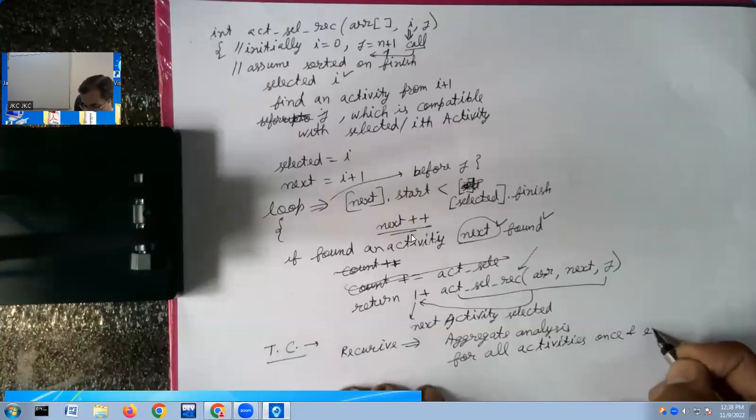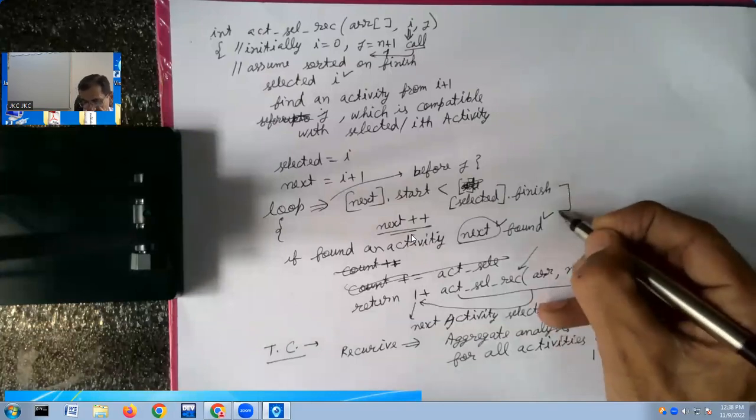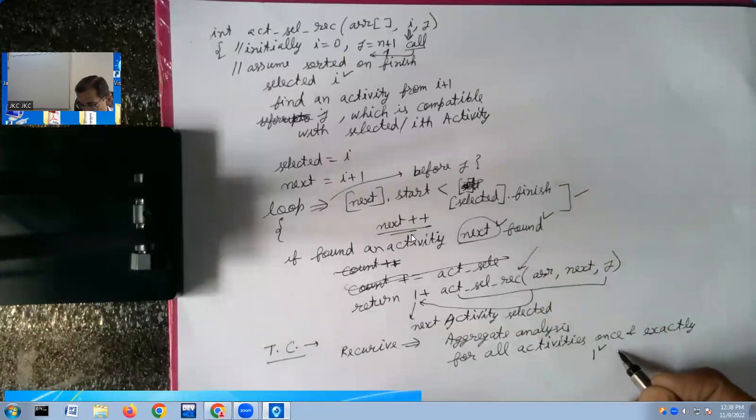Every activity will be checked starting from 1 onwards. 0 and n plus 1 are implied. And 1 onwards, 1 will be selected or iteratively ignored. Then 2 will be selected or ignored. If selected, selected will mean recursive call. Ignored will mean +1.